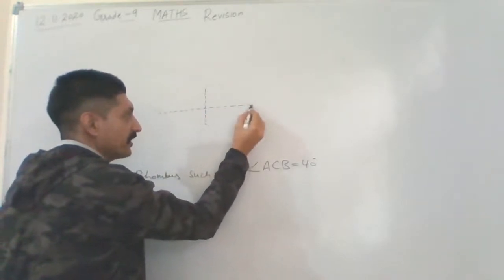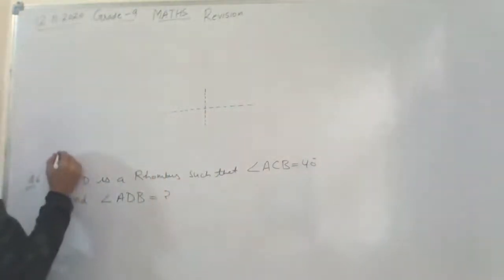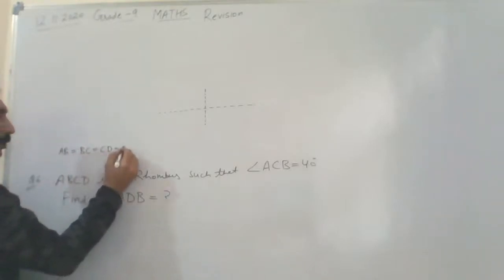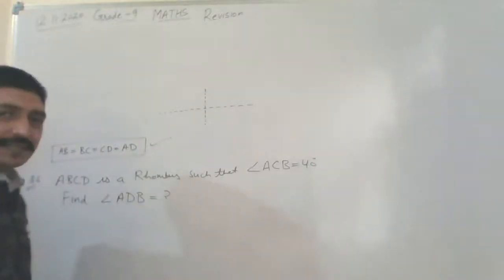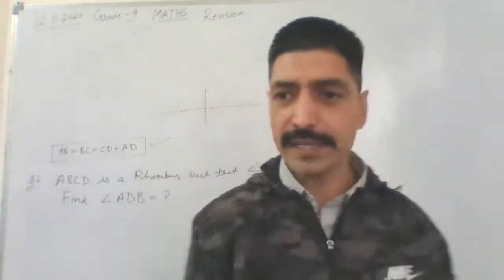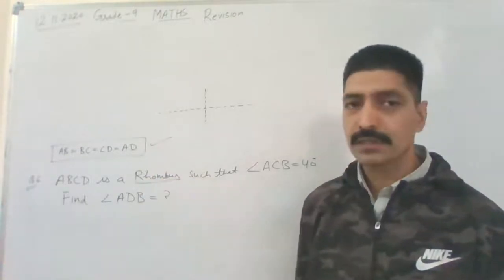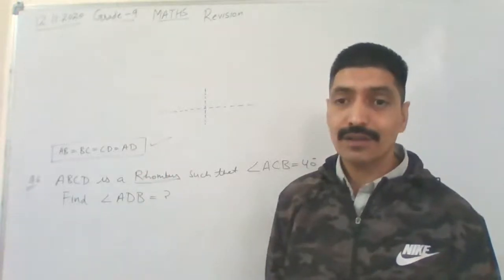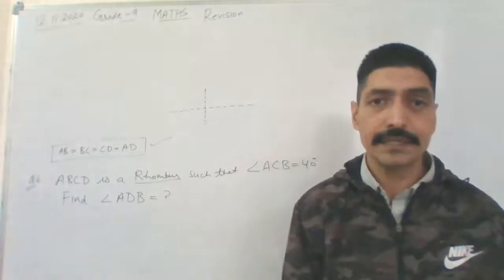And what is the specialty of the rhombus? All 4 sides are equal. Here AB is equal to BC is equal to CD is equal to AD. If we have a quadrilateral in which all 4 sides are equal, that is called a rhombus. Now the same figure is called a square when all the angles A, B, C and D are 90 degrees.